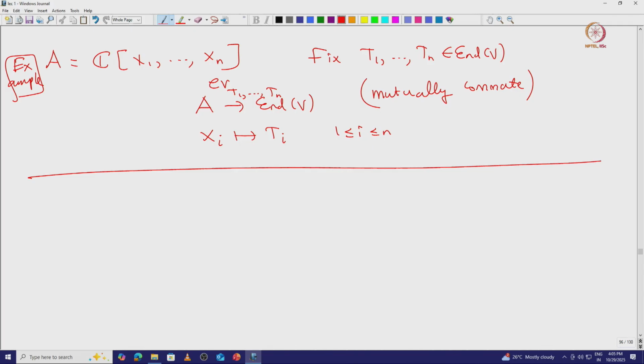Now, I want to explain what some of the terminologies that I defined earlier correspond to in the representations of C[x].